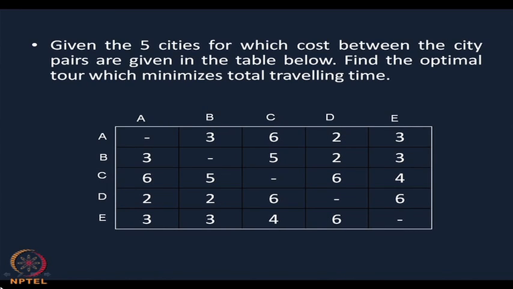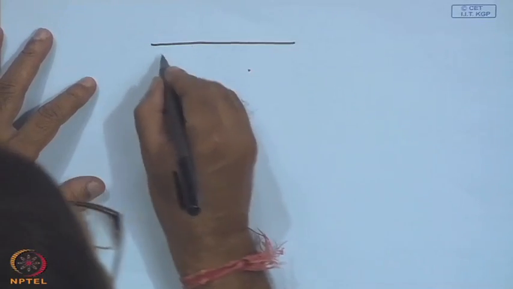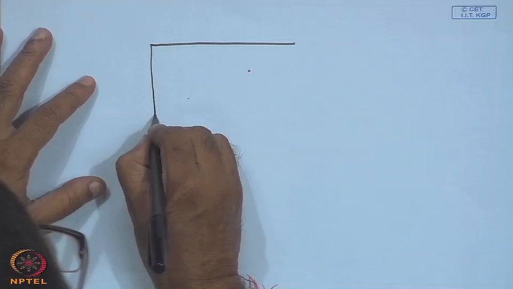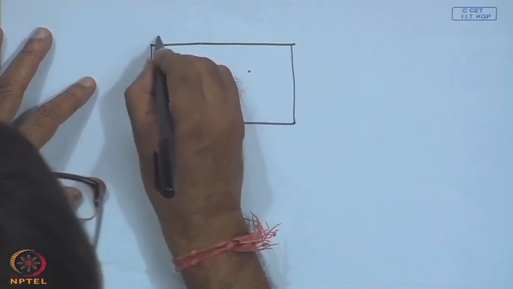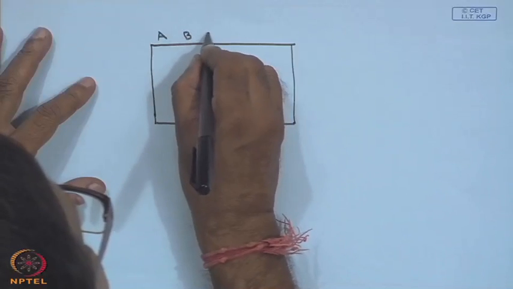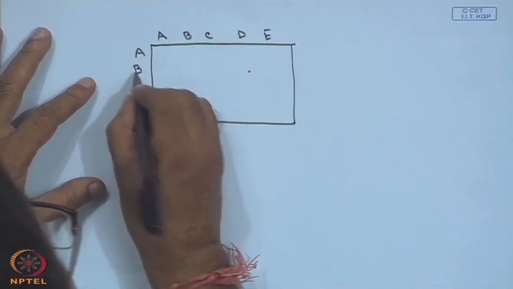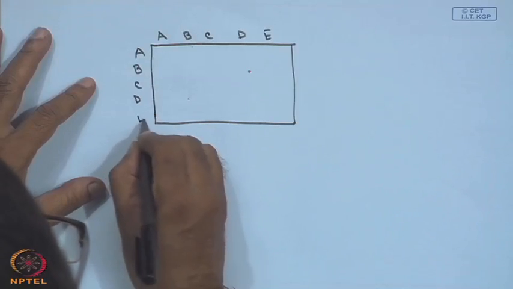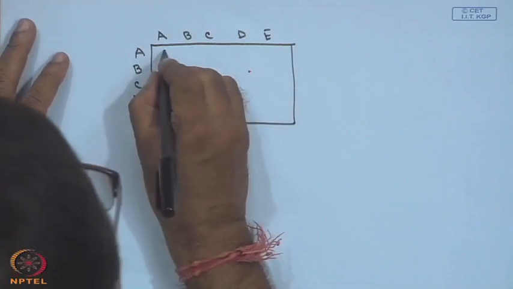In the next problem, the problem is similar, but I will just do it directly. After finding the row minimum and the column minimum by subtracting, I am writing this one. You have 5 cities A, B, C, D and E. The calculation is similar, but I am doing it for one reason.